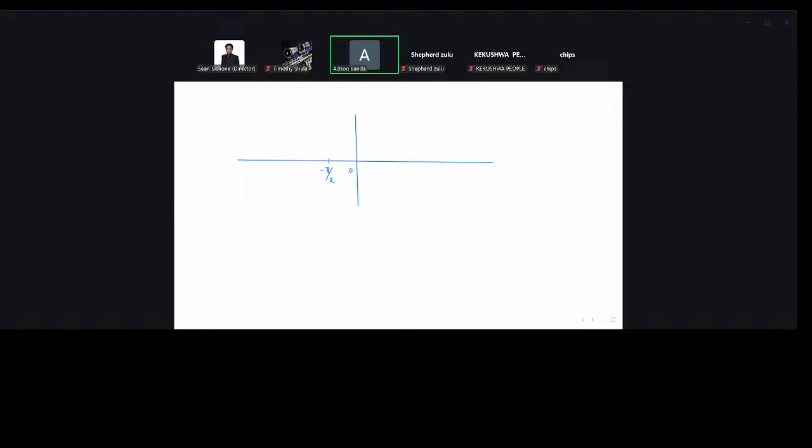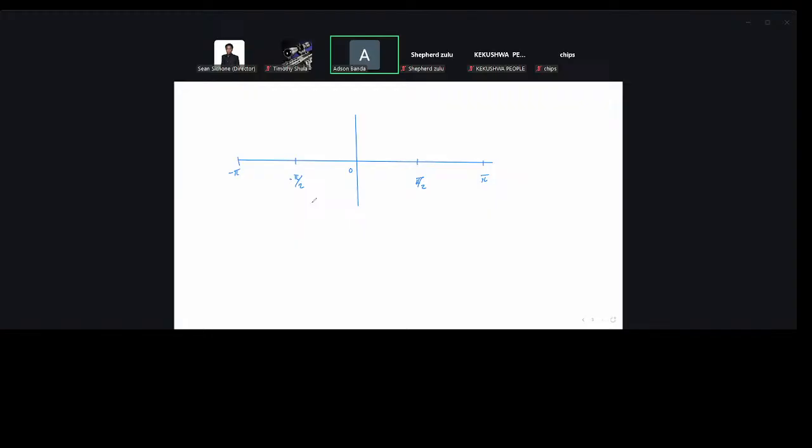Let me write it a bit further. Right, so we have pi by 2, minus pi by 2, and there we will have pi, and then we will have negative pi.